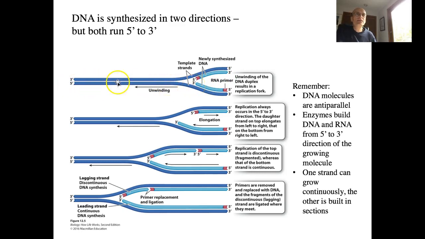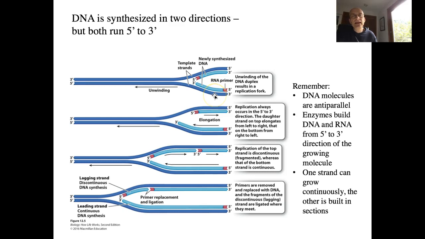So if you imagine this is a piece of DNA that continues over here and continues over on this side, and it is currently growing, you have the 5' end over here and the 3' end over here on the top strand, and on the bottom strand the 5' end is here, the 3' end is here.